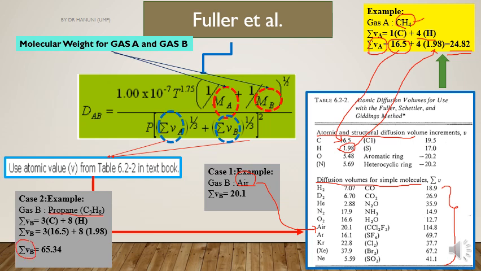The same procedure that we use when we calculate the VA, we also use for the VB. For example, propane has 3 C and 8 hydrogen. So the C is still 16.5 and H is still 1.98. Just include them in the formula, and at the end you get the value of VB.